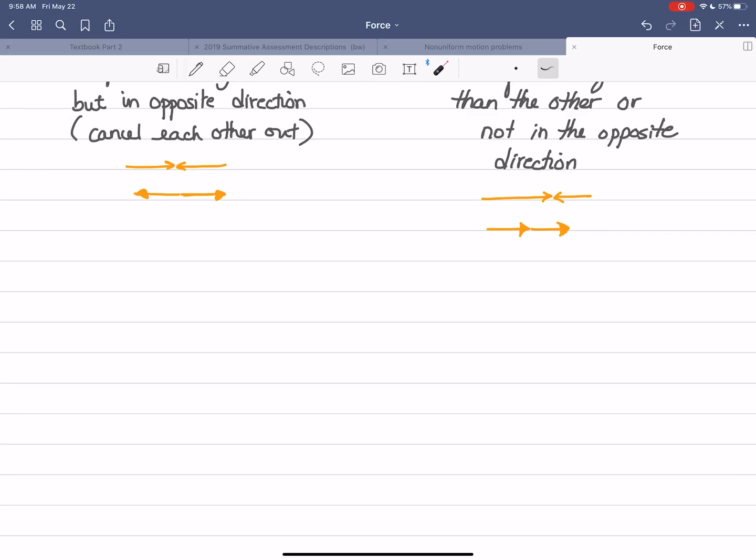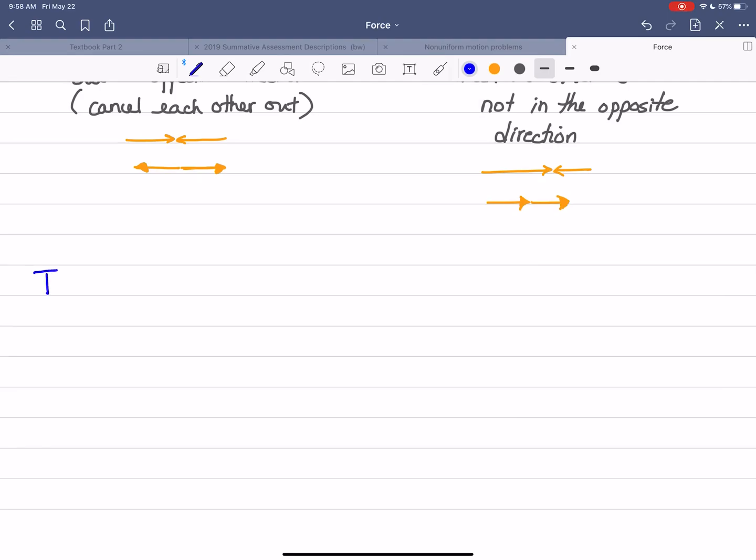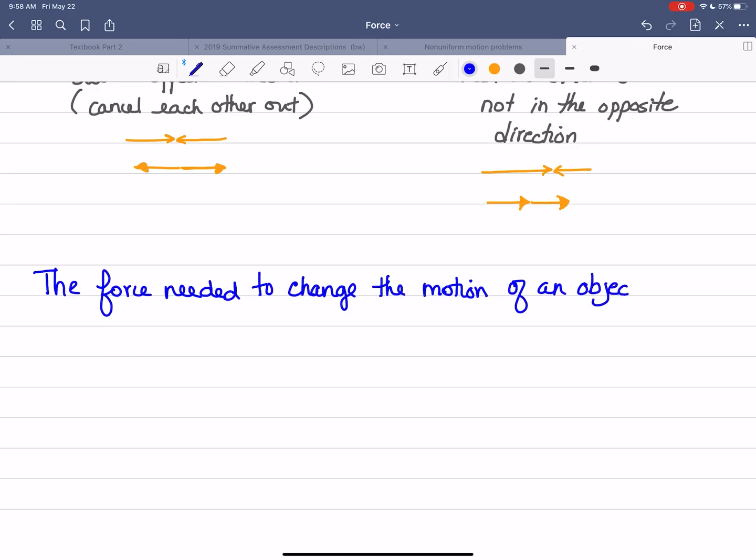So the force needed to change the motion of an object depends on two things.